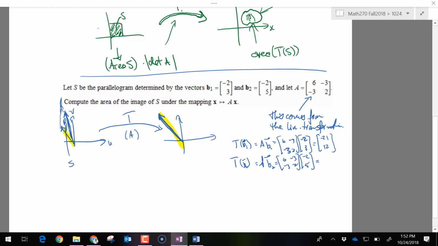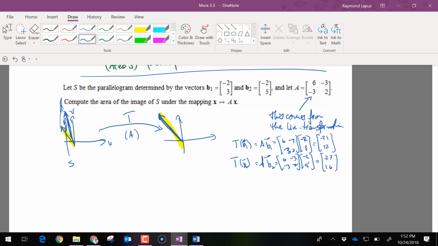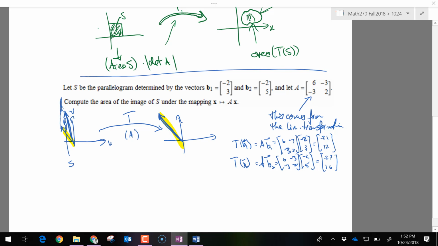So that's going to be -12 minus 15, which is -27, and positive 16. So it's still in the same vicinity, except it seems to have gotten stretched. So -27, 16. So maybe a little bit flatter than the other one. Oh, it might be going this way.